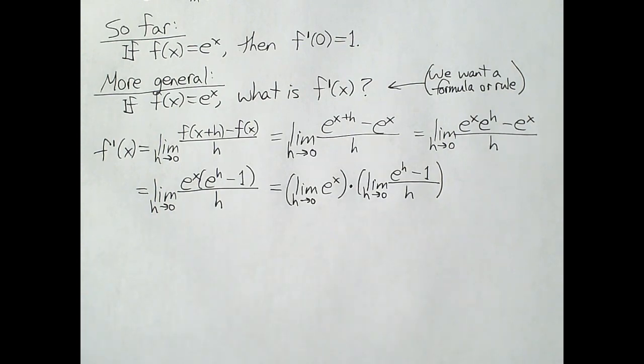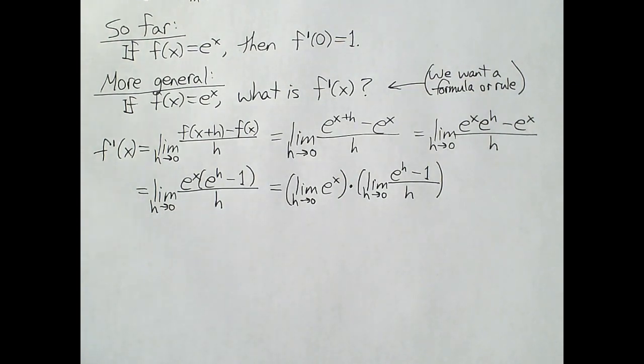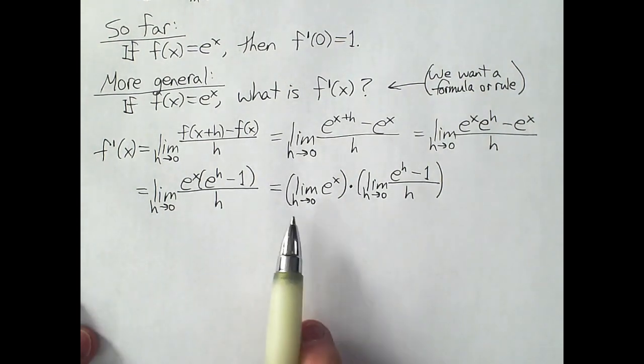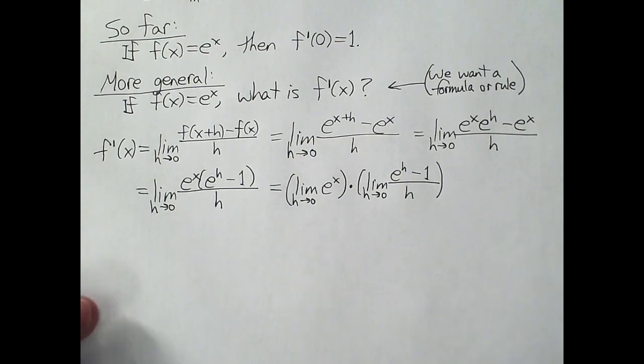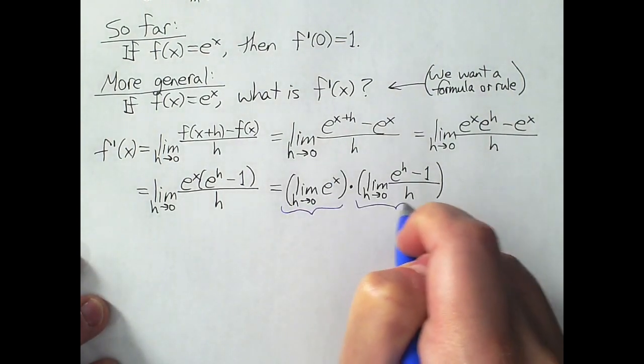It can be split up into the limit of each piece. And up here, this numerator was a product. It was e to the x times the rest of the function. So let's look at each one of these pieces separately. This and this.